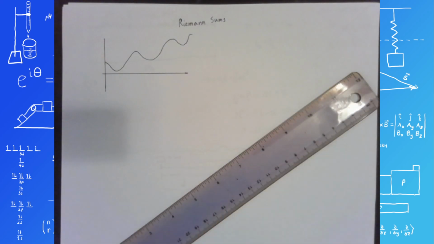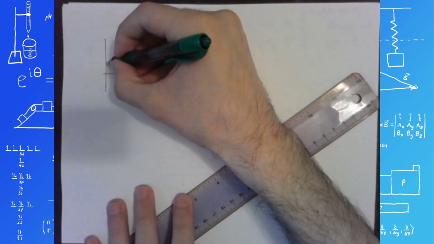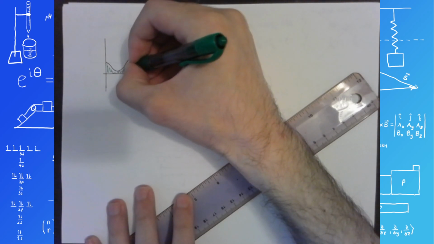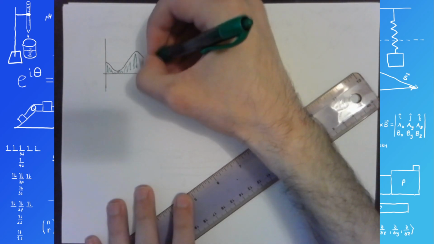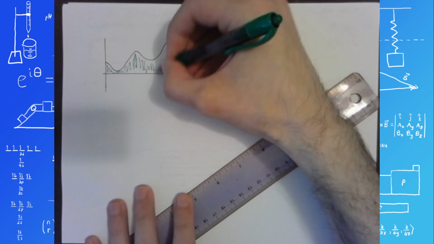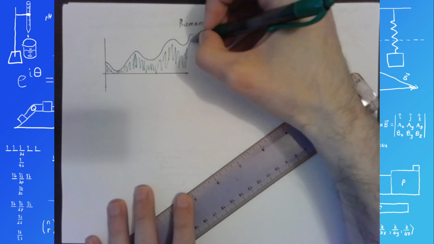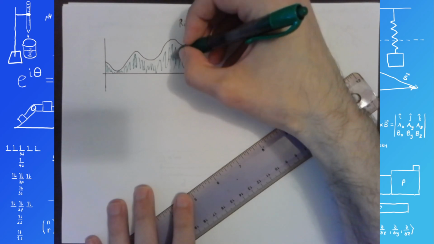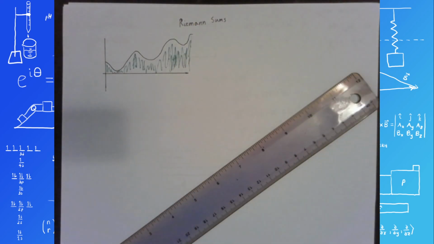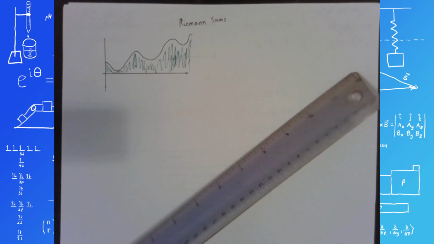How do you calculate the area between this shape and the horizontal axis? How do you calculate this area? Well, Riemann sums offer the solution.